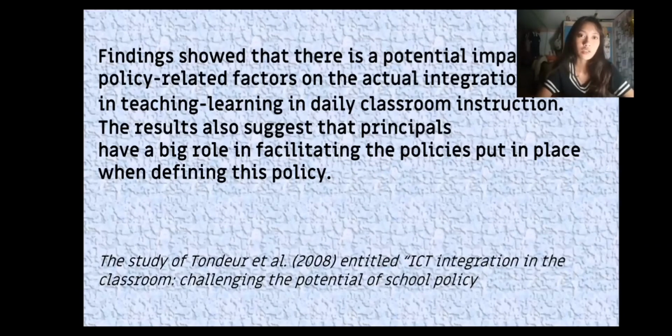The results also suggest that principals have a big role in facilitating the policies in place when defining this policy. So these policies could have a potential impact on teaching and learning. That's all.